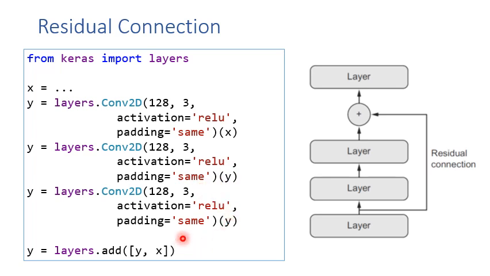And finally, you just add the X with the final output of the layers, right? So the X is this skip connection. We just add the X with the output of the layers, then we can create a residual connection.